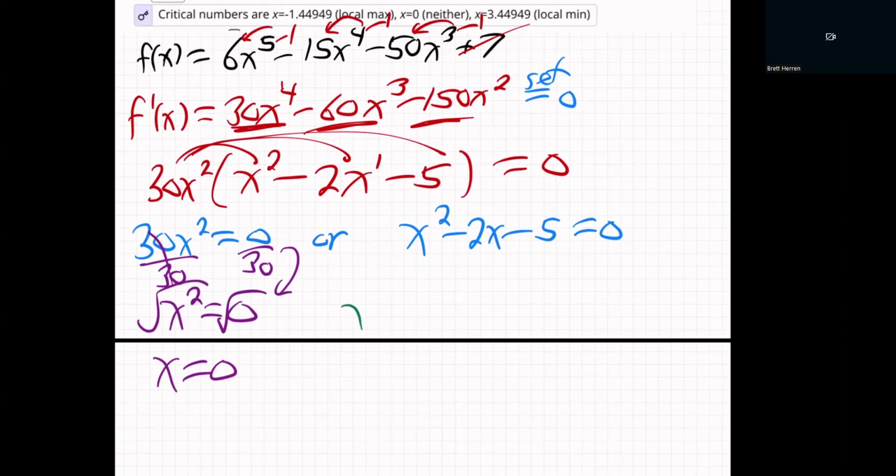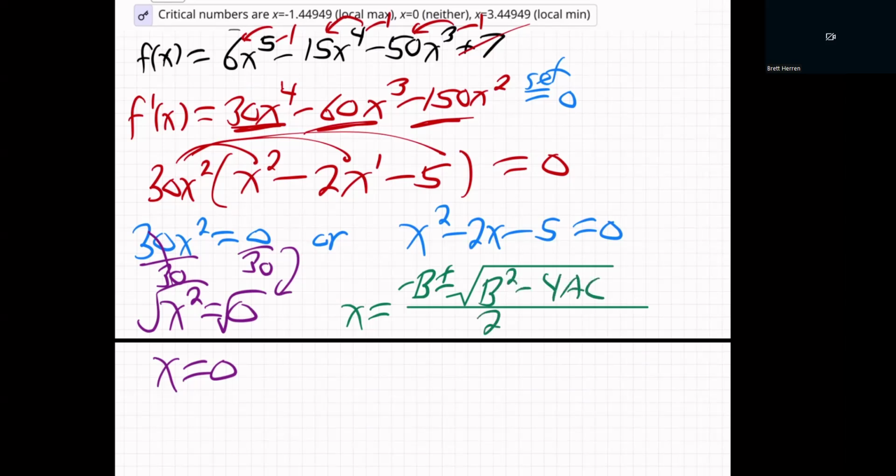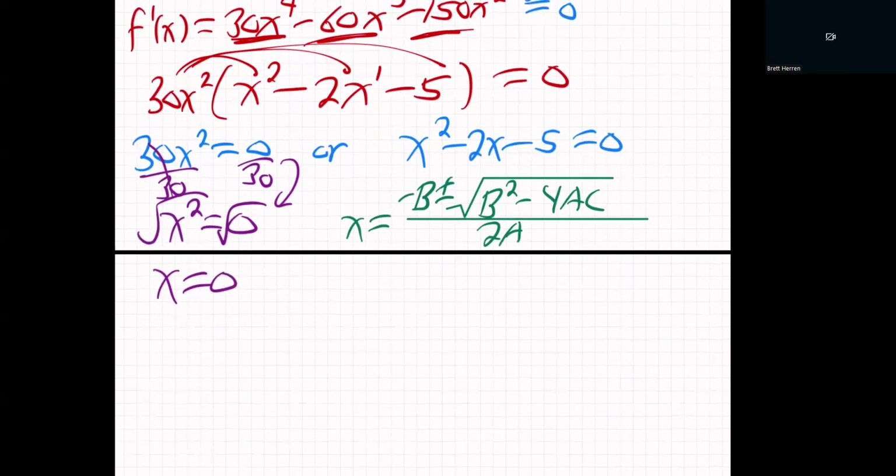So it's going to be x equals negative b plus or minus the square root of b squared minus 4ac, all over 2a. Okay, and here a is 1, b is negative 2, c is negative 5. So let's plug those in.